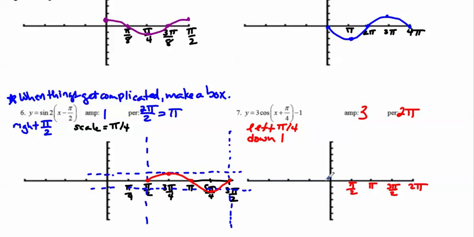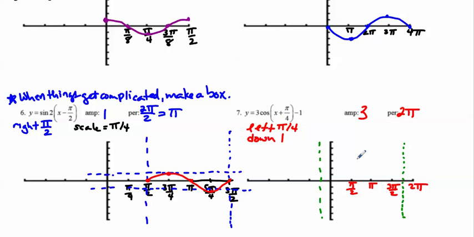So to shift left pi over 4, it's not quite negative pi over 2, it's going to be right here in the middle, negative pi over 4. And if I start half a box before 0, I'm going to end half a box before 2 pi. If I start early, I'll end early.